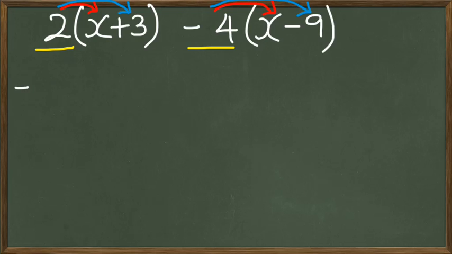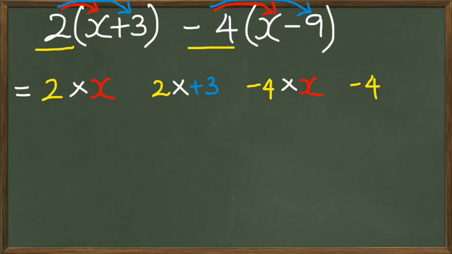So if I write this out, I'm going to get 2 multiplied by x, whether it's plus or minus, just leave it as 2 for now, it'll work itself out, multiplied by positive 3, then I have minus 4 multiplied by x, minus 4 multiplied by minus 9.